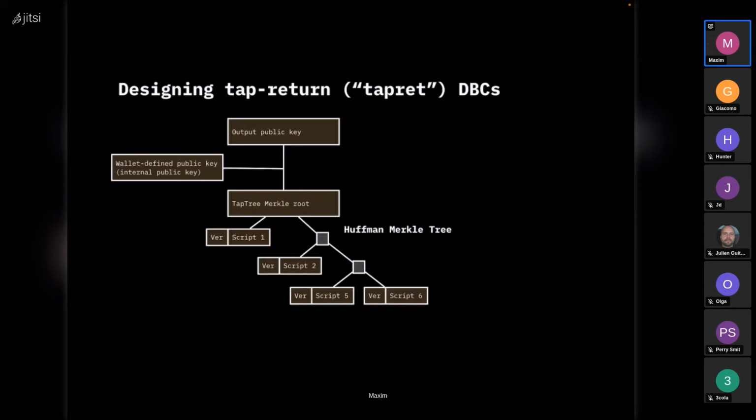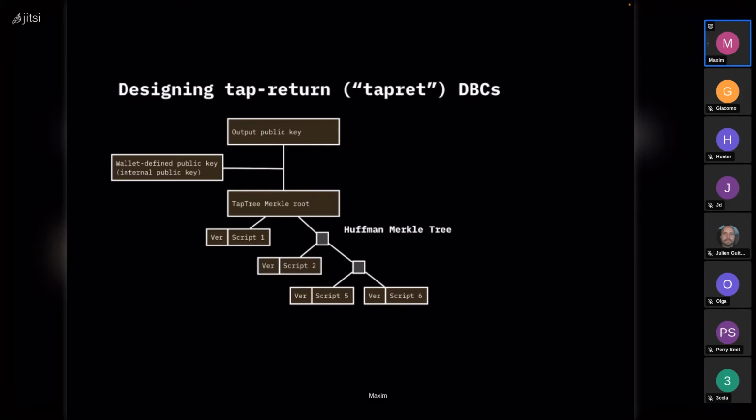And these scripts are constructed into a structure called a Huffman-Merkle tree. This means that they are not all on the same level and then Merkleized. No, a script leaf can be at any level of the tree, and you order the scripts by the probability of spending. The condition under which you most probably will spend the output should reside at the top level.